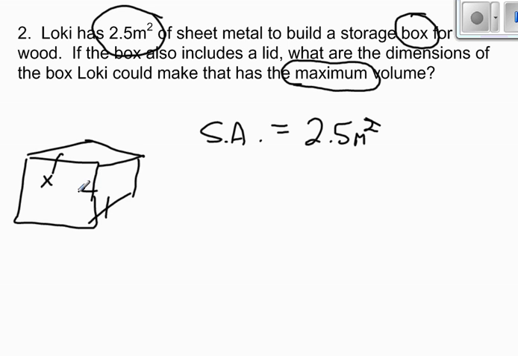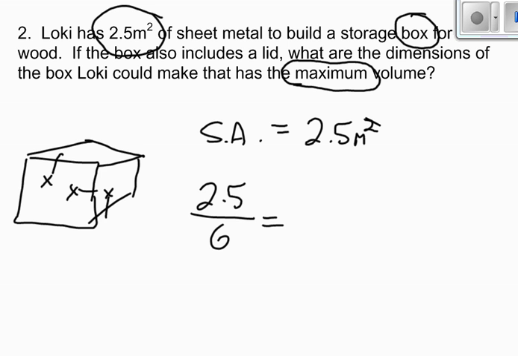Well, we know it's a cube, so we know that we have x, x, and x. So what would the surface area be? Well, let's think about this logically. If it's a cube, then each one of the 6 sides of the cube must have the same amount of material. So to start with, I'm going to take the 2.5 meters squared that I have, and I'm going to divide it into 6 pieces.